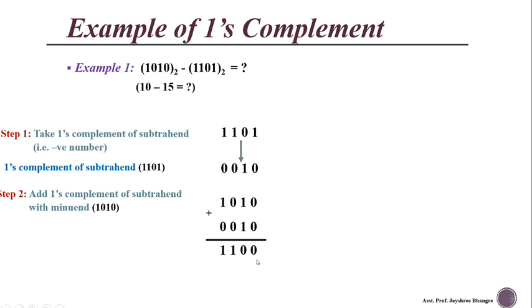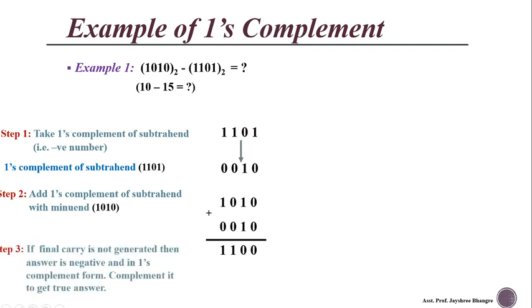That means the result is negative according to the rules. As no carry is generated, the answer is negative and in its one's complement form. So what do we have to do? We have to complement this answer to get the true answer. So let's take the one's complement of this answer. This is nothing but the true answer, that is 0011, which is nothing but 3.